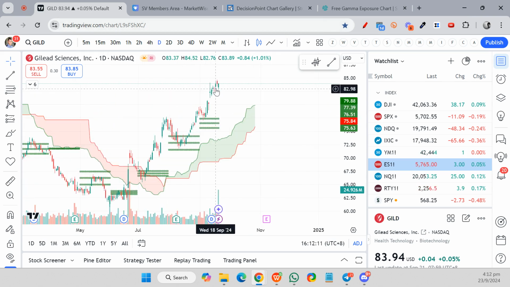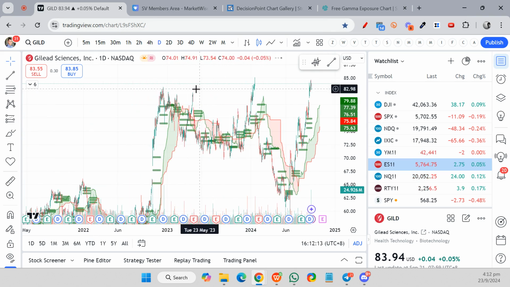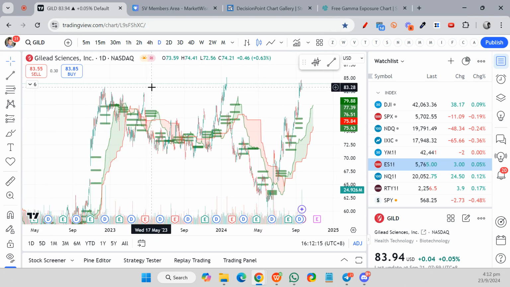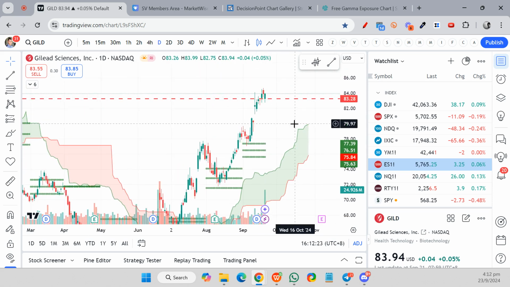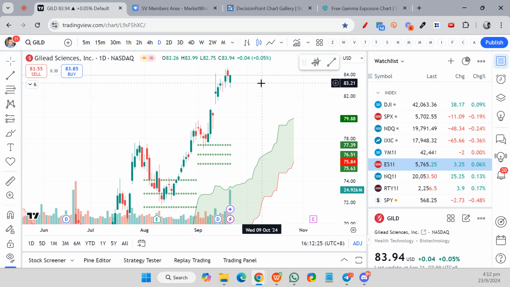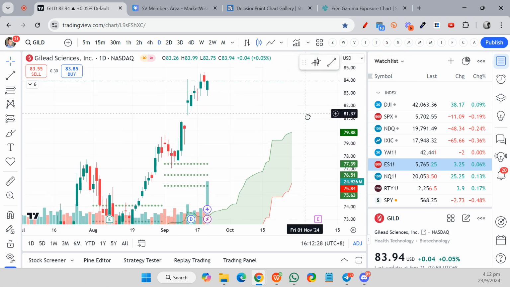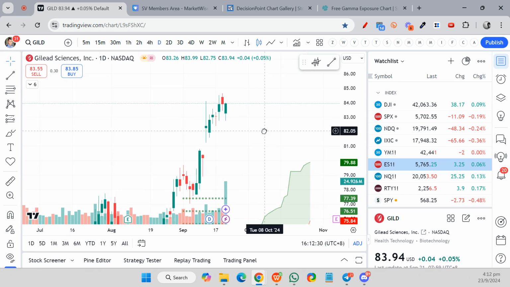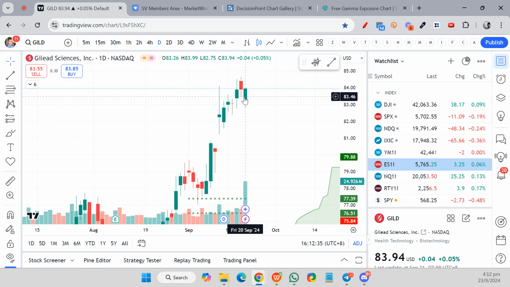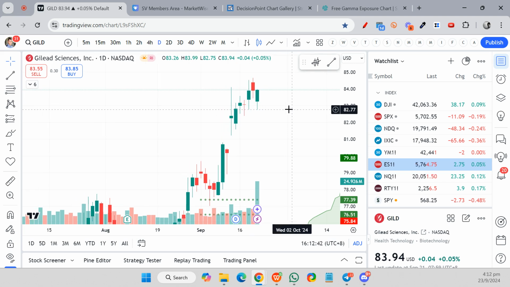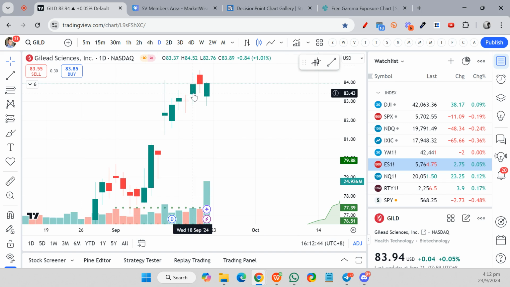So for Gilead, I am looking at this. It is at the classic resistance level over here, even though I don't really look so much into them, but hitting a very typical resistance level over there. And you can see over here that we might have a wash and rinse. Let's see how the market does tonight. So you can see over there, Friday, Thursday, and then Wednesday. Wednesday is the day where the closing price closed higher than the prior day high.